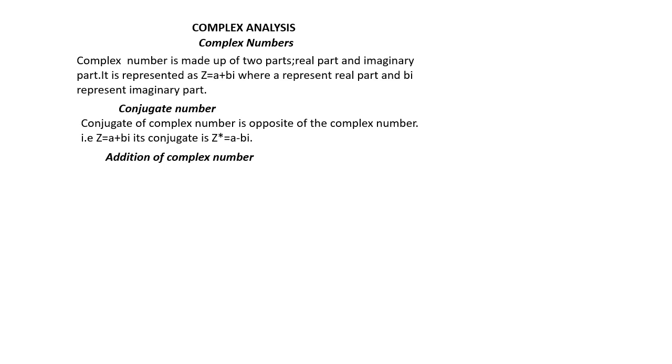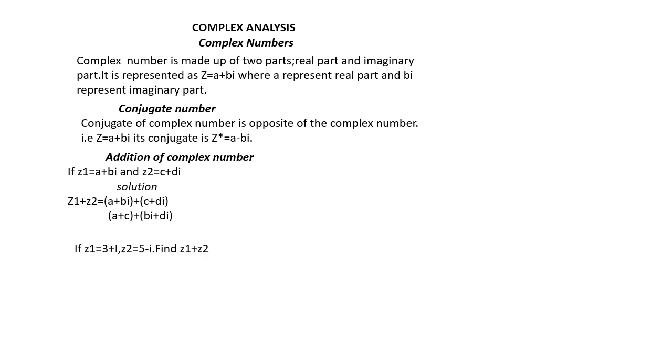Now z1 + z2 = (a + bi) + (c + di). Now we open the brackets. It will be a + bi + c + di, and we separate the real part and the imaginary part. Now the real part is a + c, while the imaginary part is bi + di. Just as simple as that.